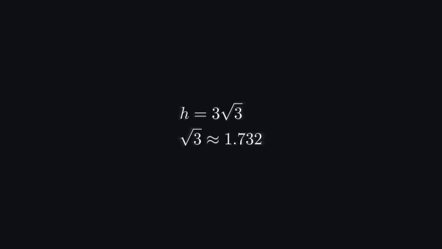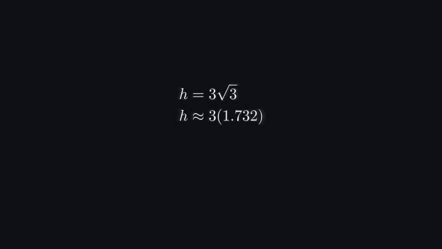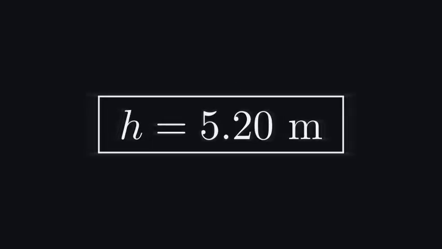The square root of 3 is approximately 1.732. h approximately equals 3 times 1.732, which is approximately 5.196. h approximately equals 5.20 meters. Therefore, the height of the pole is 5.20 meters.